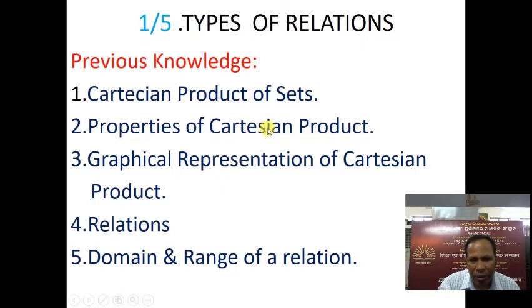Whenever we represent the Cartesian product in terms of a graph, it is represented by a dot diagram because each ordered pair represents a point on the Cartesian plane.